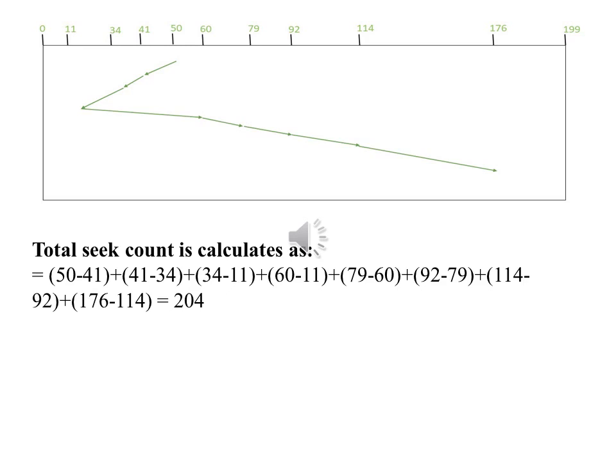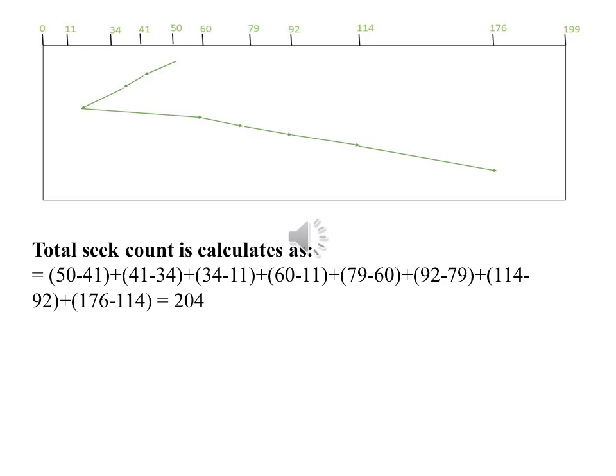Now the next position of the head is 34. Again we have to find the nearest value to 34. So 11 is the nearest place where the head can reach fast, and in a similar manner we find 60 minus 11, 79 minus 60, and then the last, 176 minus 114.